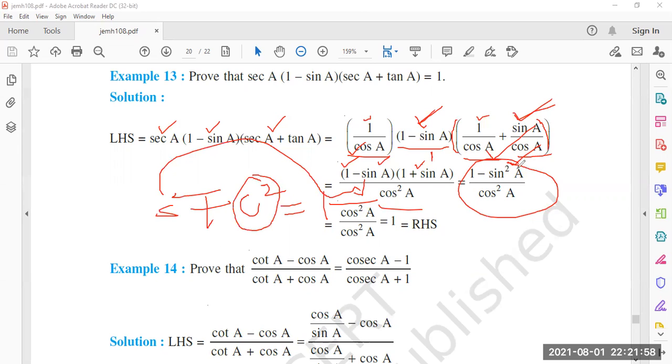Here sin square is subtracted from 1, so in its place cos square will come. And in the denominator also there is cos square, so they both get cancelled and we get the answer 1. This way we have to solve all the questions.